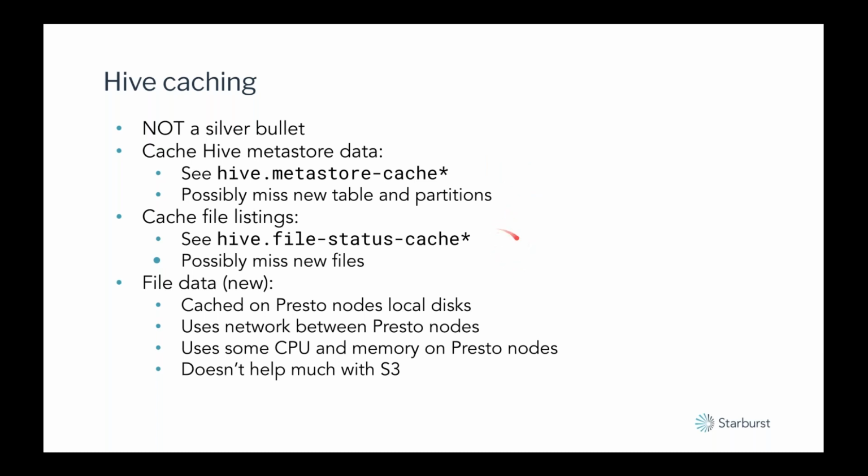Listing, this works pretty well, but again, be careful, you may miss new files. That's normally not a huge deal because most systems aren't running inserts into existing directories. They'll use partitioning whenever they're creating new directories, because when you're running an insert, each insert would create a new partition. The reason for that is more about data management.